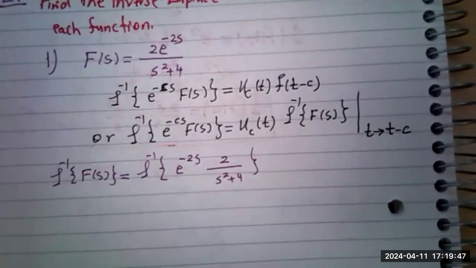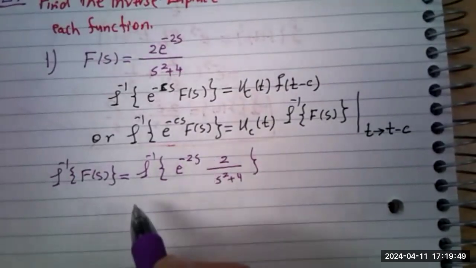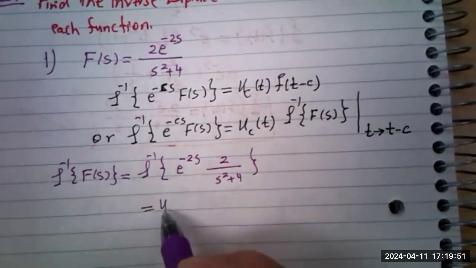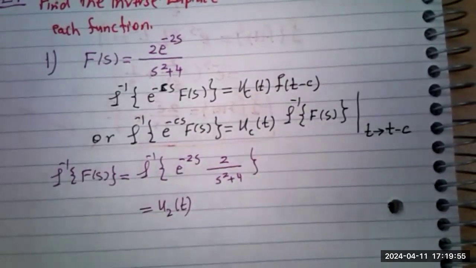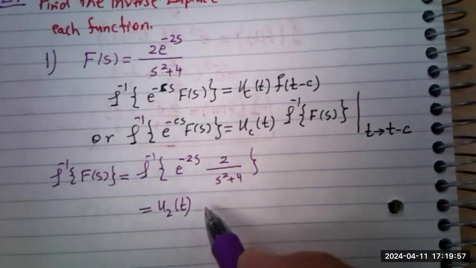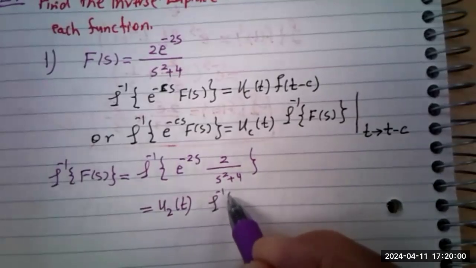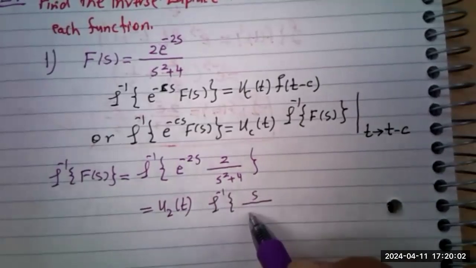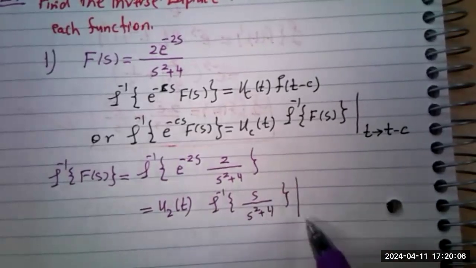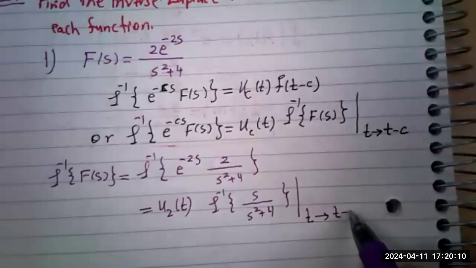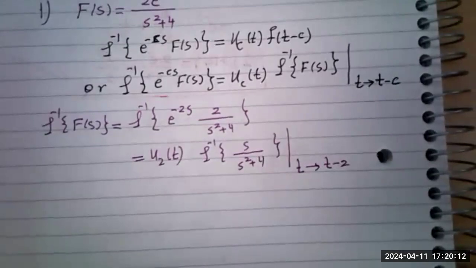Because of e to the negative 2s, you are going to have u_2 of t. Now you find the Laplace inverse of this function, of s over s squared plus 4. But when you find it, you replace the t by t minus 2, because you have to shift it to get this done.